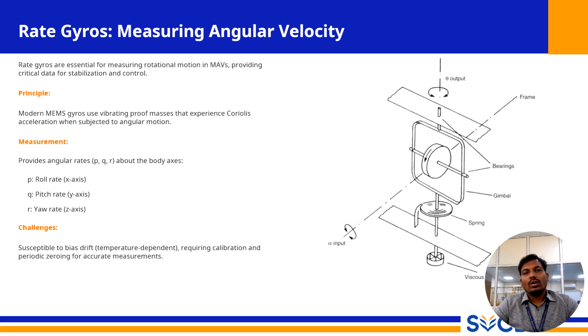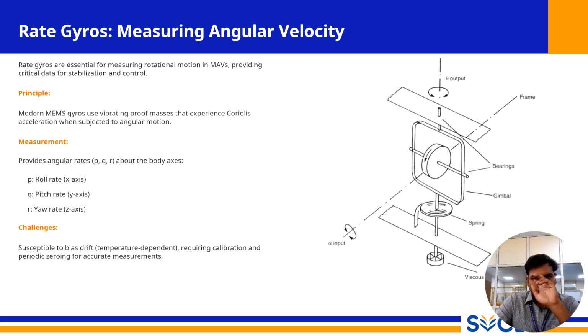Continuing our content on MAV sensor systems, we now turn to the rotational equivalent of the accelerometer, the rate gyro. Rate gyros are essential for measuring rotational motion in MAVs, providing critical data for stabilization and control.